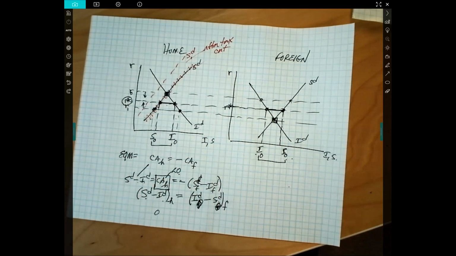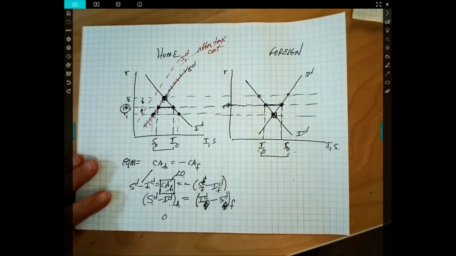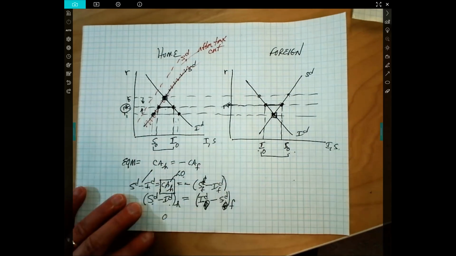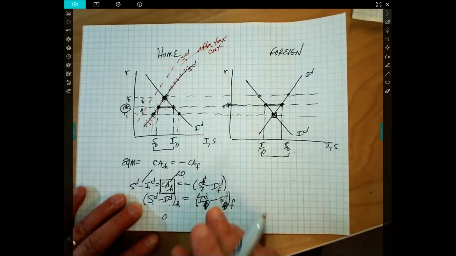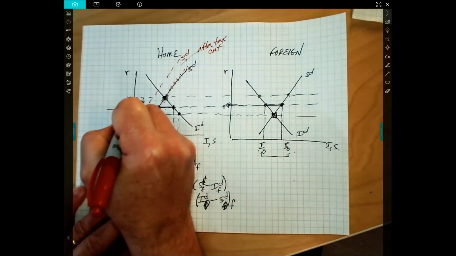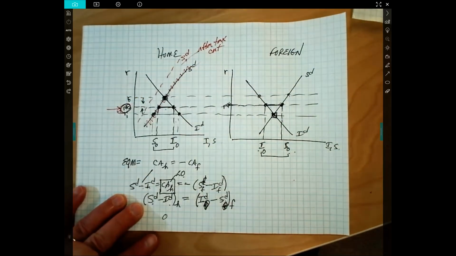So we could just think, well, I know that's got to be true, I know I've got to do that just because that's what I need to do. But there are actual economic reasons why that happens, and it's important to understand that. Why will it change? Because currently the real world interest rate is R star here.